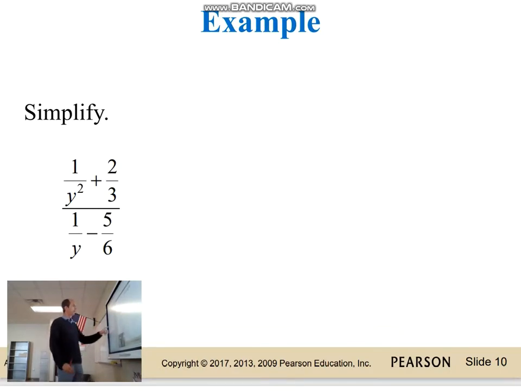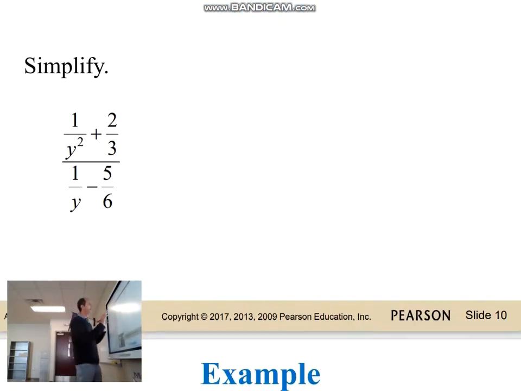Let's check this example. We have a complex fraction, 1 over y squared plus 2 over 3, and this is the numerator of this big fraction, and at the bottom I have 1 over y minus 5 over 6.